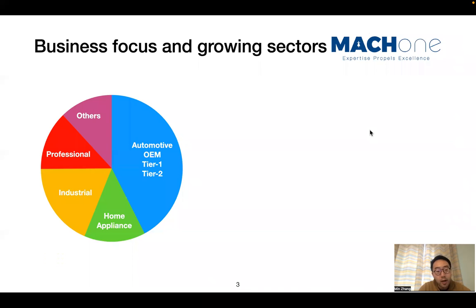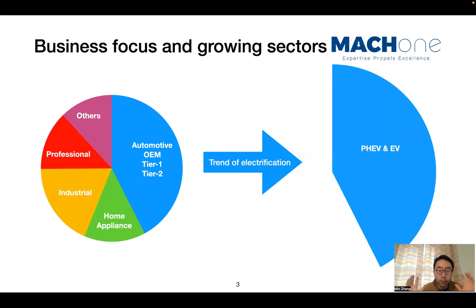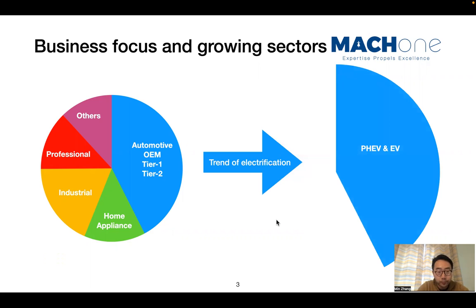As you can see here, I would say 20 or 30% is industrial application, then 20 to 30% on home appliance, and then the majority of the business share is focused on the automotive section. And as we all know, as the automotive industry is going to the electric vehicle industry, we predict this section of the business is growing, right? So that's where we put our focus is.